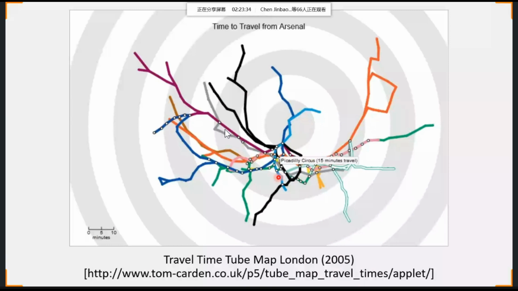Or here you can also click or use the mouse over effect. So from Arsenal station here in the center, you need 15 minutes to Piccadilly Circus, this station here. And this is also reflected, of course, in the time scale. So here you have 10, and then half of the next ring, 5, so you have 15 minutes.